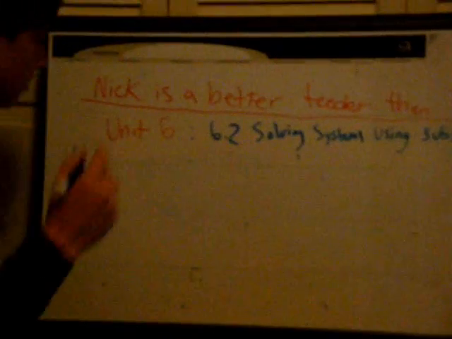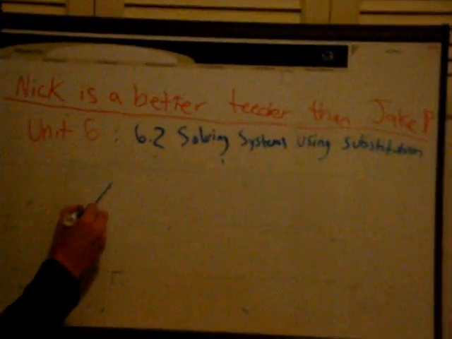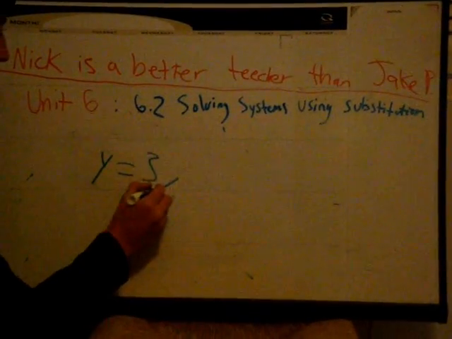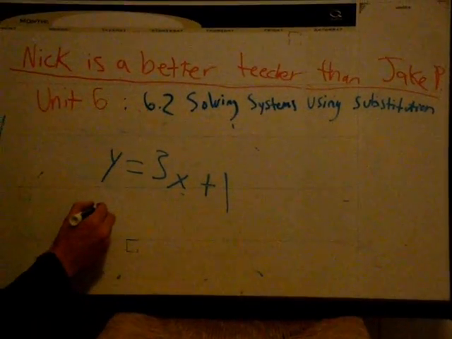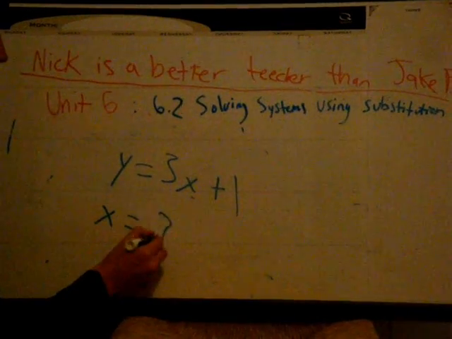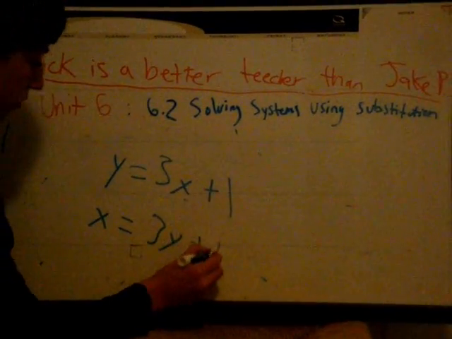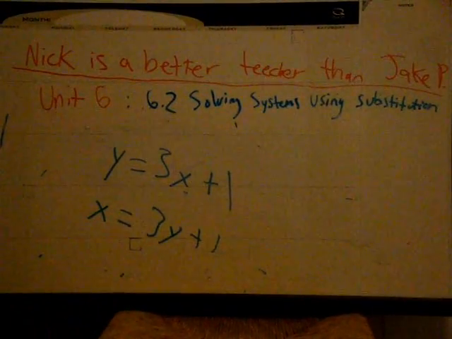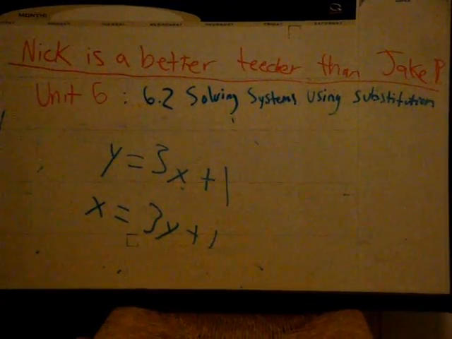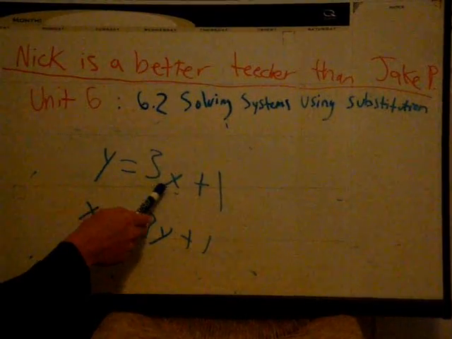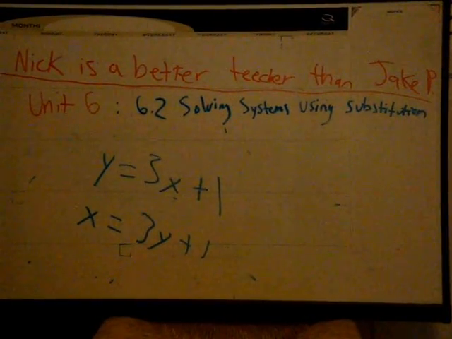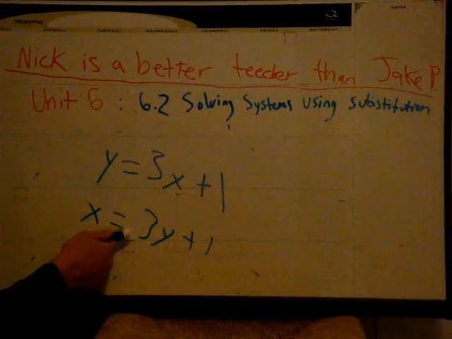Okay, so let's say it's y equals 3x plus 1, and then x equals 3y plus 1. So let's start with, we could really work with either, but let's just do y again. So y equals 3x plus 1, right? So we're going to plug that straight into this one.